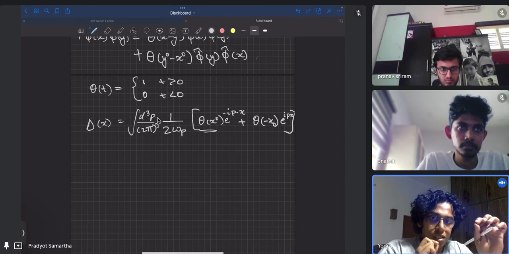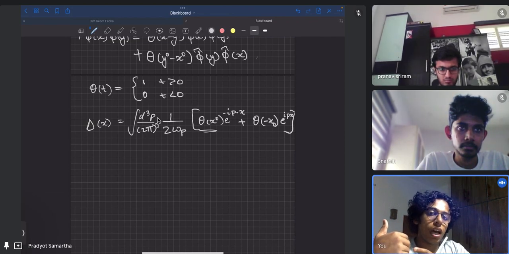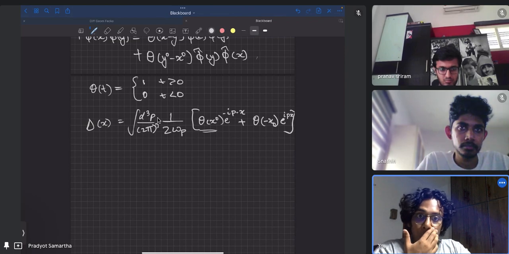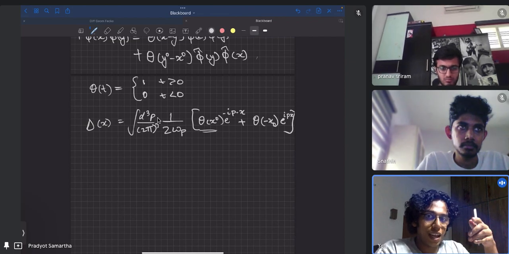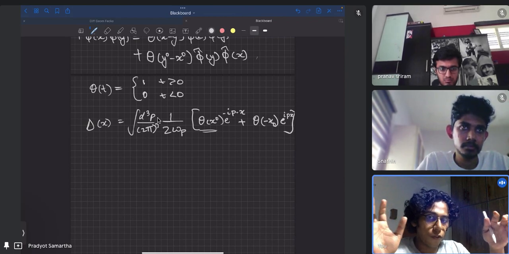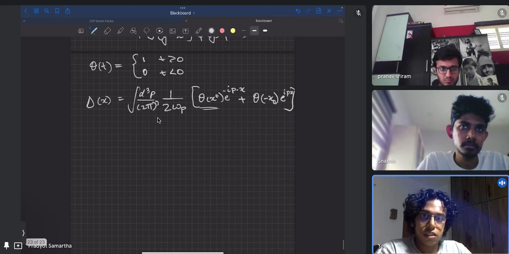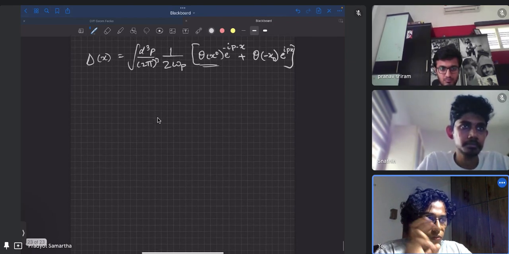So if you are destroying a particle at x, it needs to be created before that, or if it is not existing, then it has to be created at that particular point x naught at x. So instead of two points, you're just considering one single point. That's what the Feynman propagator for a single variable is.